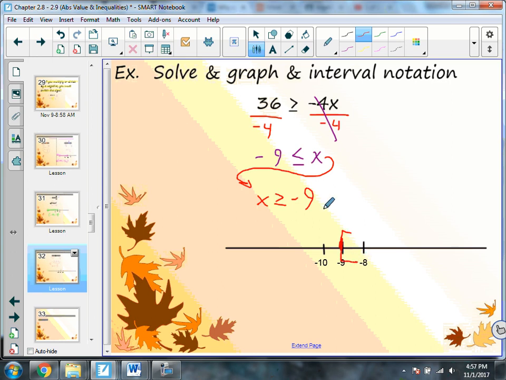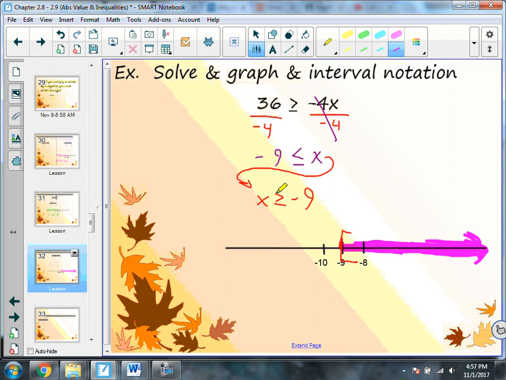And then x is greater than that, so I'm going to shade in the positive direction. So there we go. That's the greater than sign.